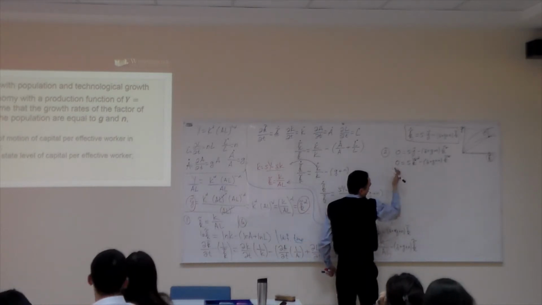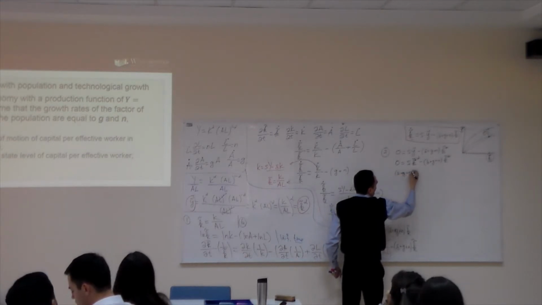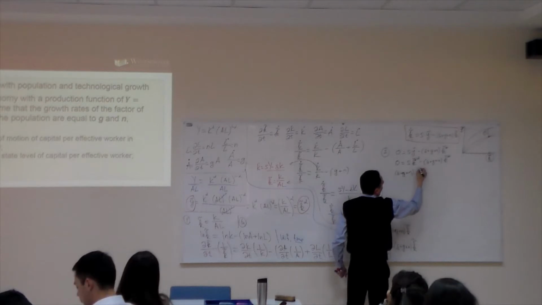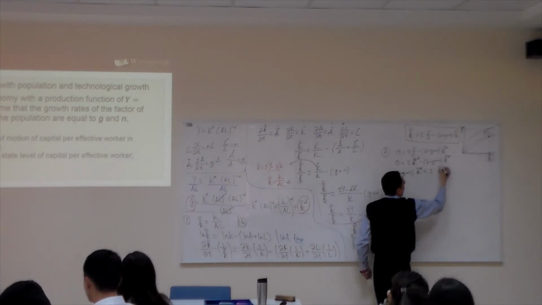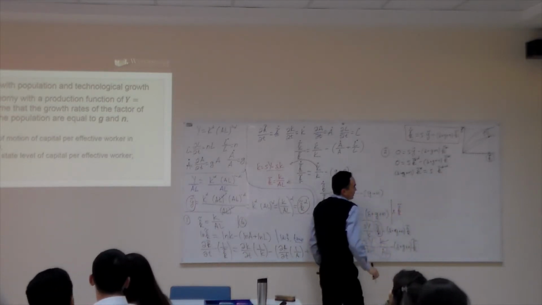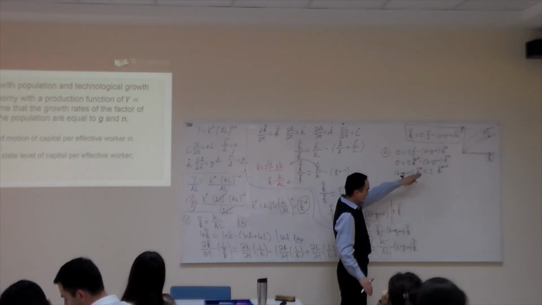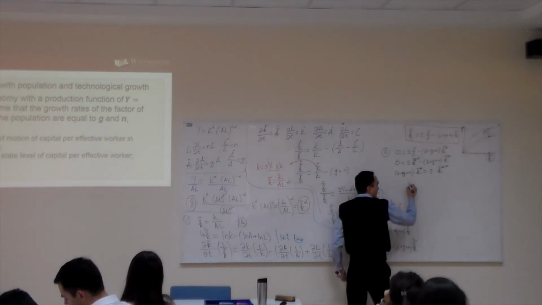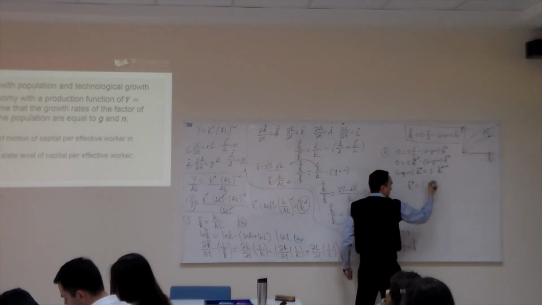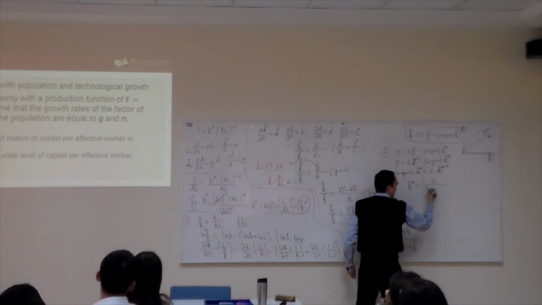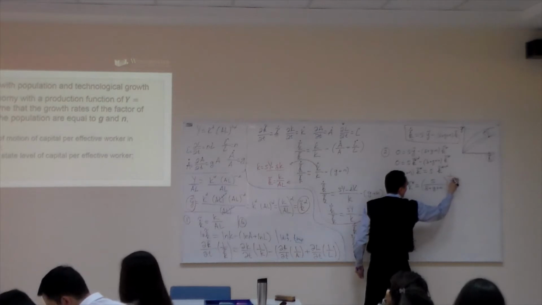If we take this factor to the left side, delta plus g plus n times capital per effective labor star is equal to saving rate times capital per effective labor star to the power of alpha. If we divide both sides by the factors that we want and simplify, you will get capital per effective labor in the steady state level is equal to saving rate over delta plus g plus n, to the power of 1 over 1 minus alpha.